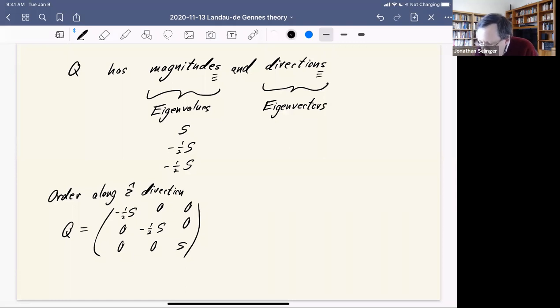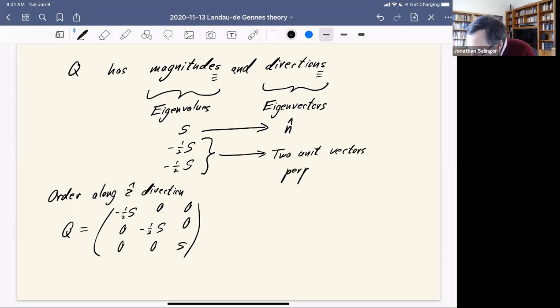So the eigenvalue S corresponds to the eigenvector N. The other two eigenvalues correspond to two unit vectors perpendicular to N.